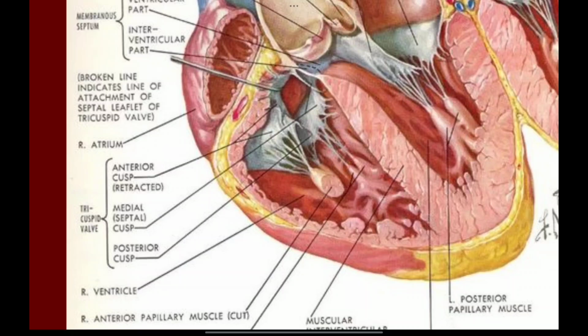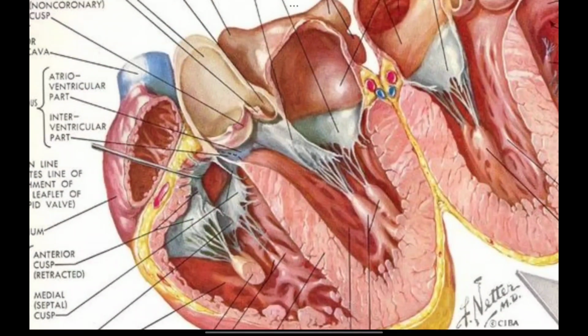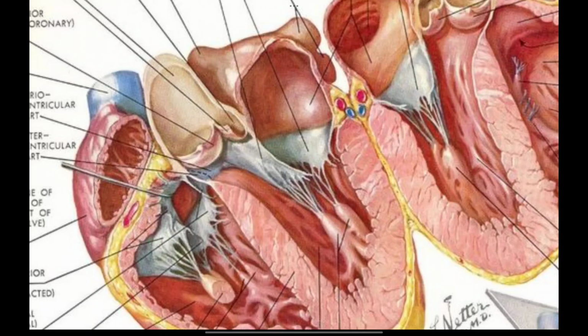The blood is pumped out from the right ventricle into the pulmonary trunk, which carries the blood into the lungs. Now, moving to the next chamber, which is the left atrium. The left atrium is thin walled and has four openings, which carry the blood from the lungs in the form of right and left pulmonary veins. The blood carried from the lungs to the heart is oxygenated blood.